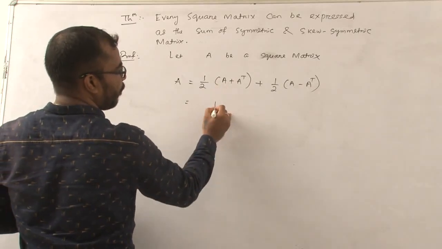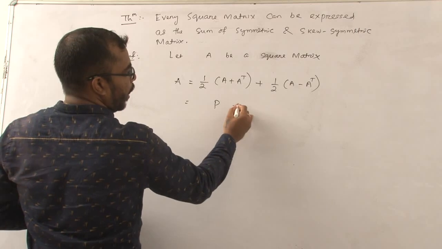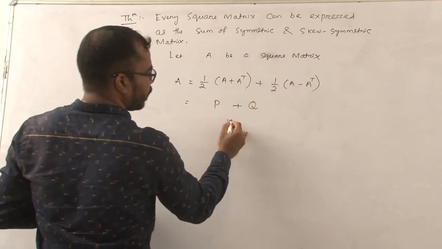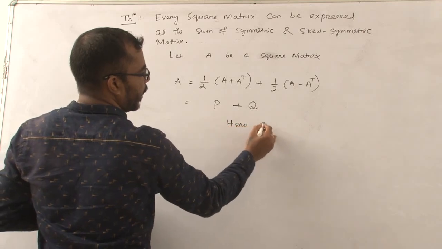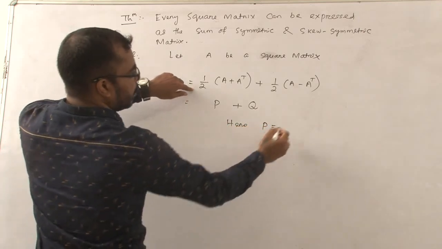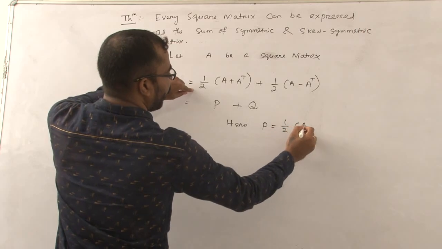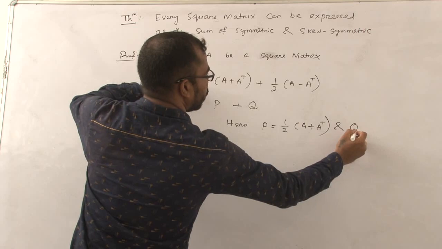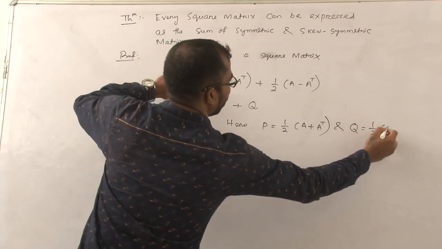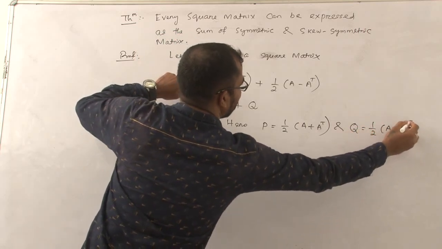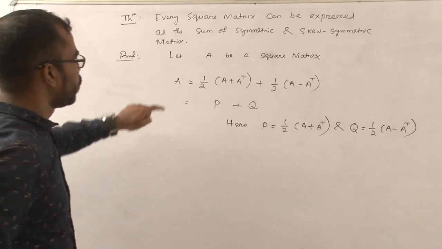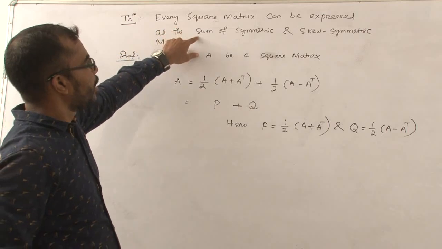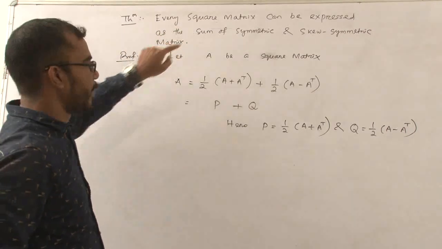Here we let the first term be P and the second term be Q. So we write: let P be half of A plus A transpose, and Q be half of A minus transpose of A. So we have to show this as a sum of a symmetric and a skew symmetric matrix.